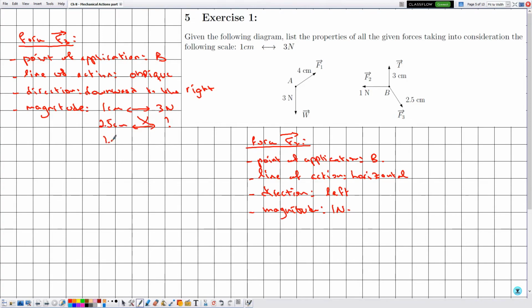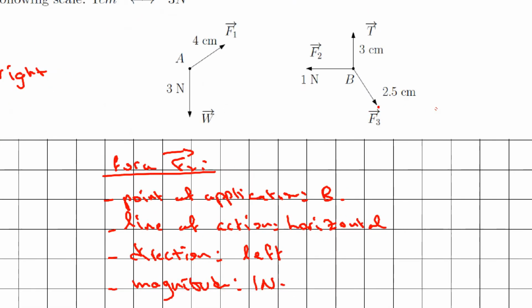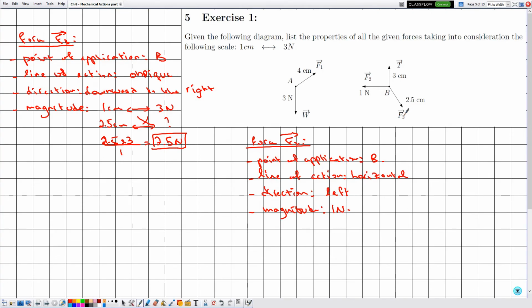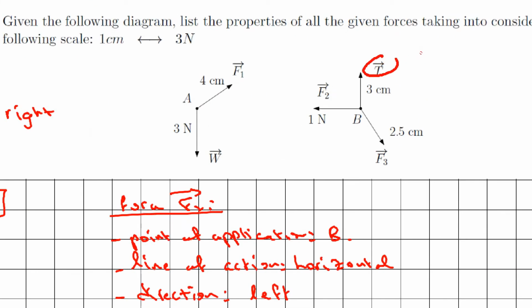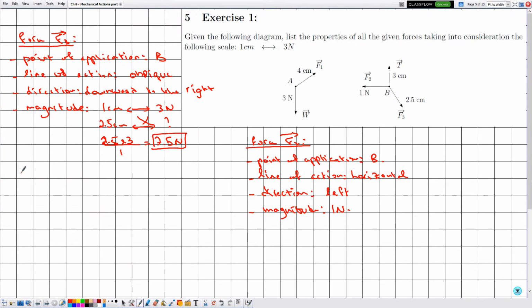Then 2.5 multiplied by 3 divided by 1 is equal to 7.5 in newtons. Then the magnitude of the force F3 is given by 7.5 newtons. It is left to list the properties of the tension T. Sorry, not tension. The force T, because we are still discussing the mathematical properties and not the physical.